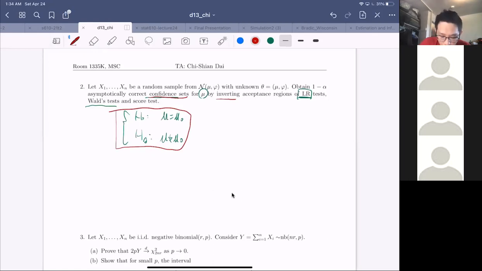We want to invert mu, so the test must look like this. So mu is known, and phi is unknown.